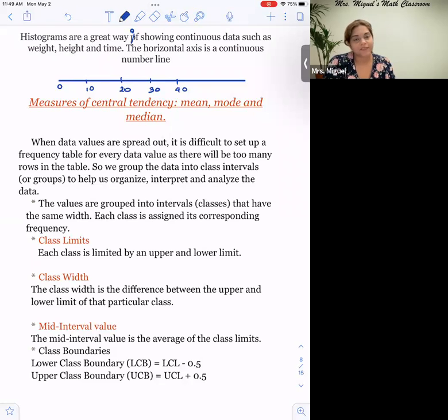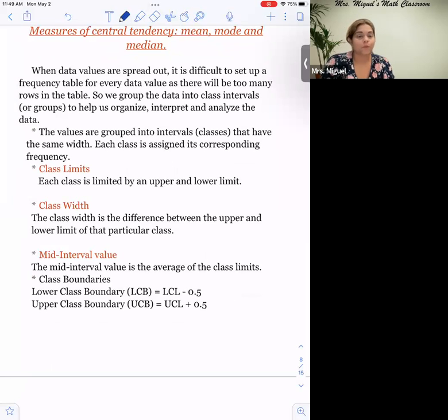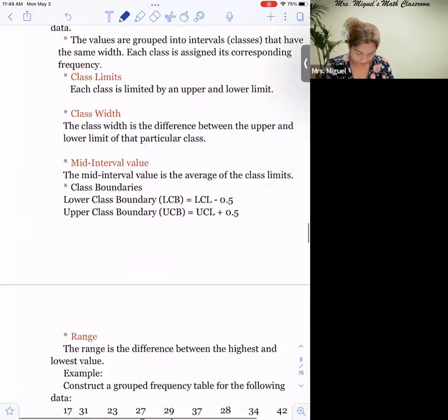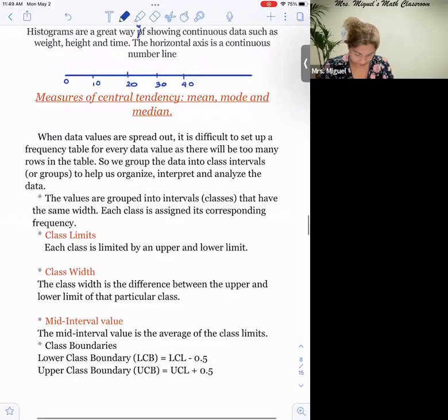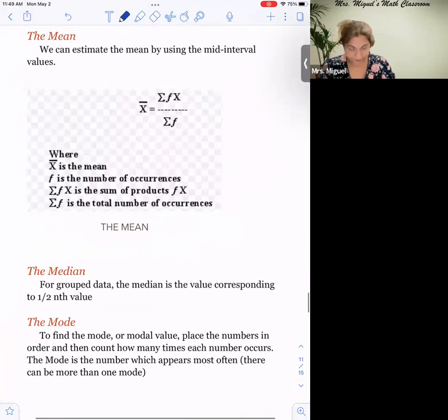Now, measures of central tendency, we know it's the mean, mode, and median, right? Also, we did the mean, mode, and median already. Right.